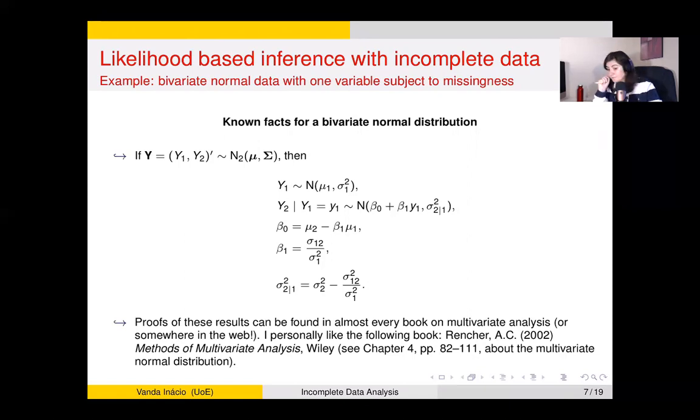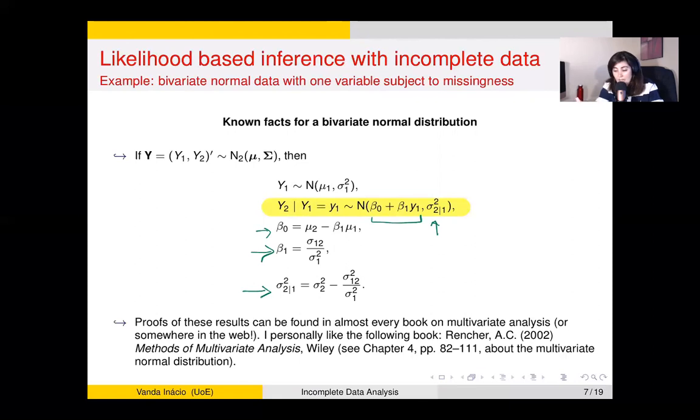As we have already seen, the marginals are normally distributed, but a good fact is that the conditional distribution, in this case the conditional distribution of y2 given y1, also follows a univariate normal distribution with mean given by beta 0 plus beta 1 y1, where beta 0 and beta 1 are defined here, and variance that I call sigma 2 given 1 squared, which is given by this.